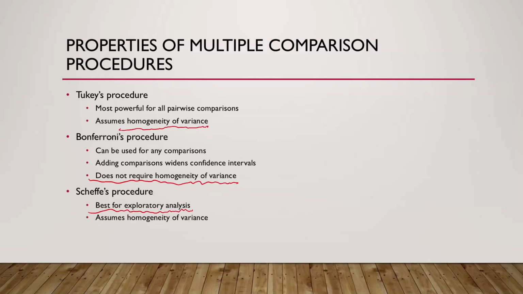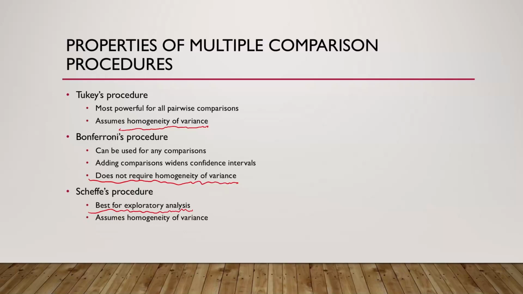In fact, there's a 1-to-1 correspondence. If you do not reject the omnibus hypothesis, there is no confidence interval you can find that will be narrow enough to be all positive or all negative. So if you do not reject the omnibus hypothesis, you're going to have fairly wide confidence intervals, and none of them are going to be conclusive.